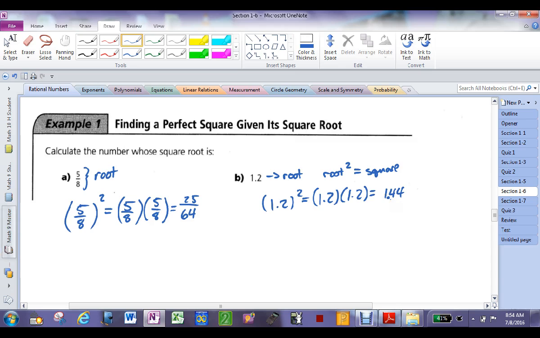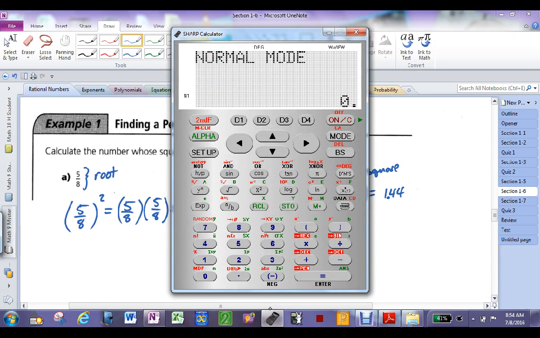Okay. Now, let's take a moment and show you how this works on your calculators. Most of you know, but I want to make sure. So everybody grab your calculator, whatever it may be. If your calculator is like mine, it writes down on the screen what you have pushed as a button.